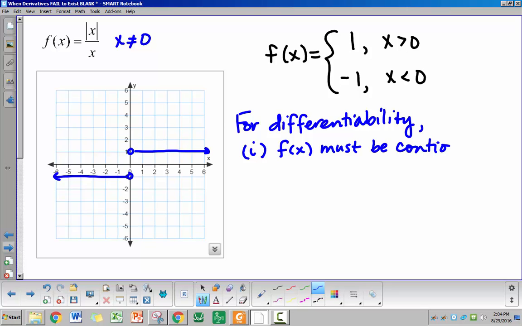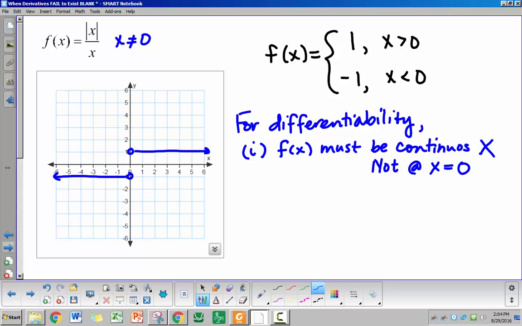Step 1, we have to say no. It's continuous everywhere except where? Not at x equals 0.